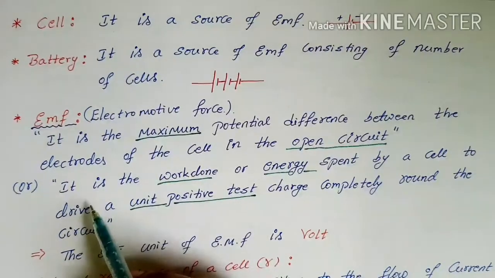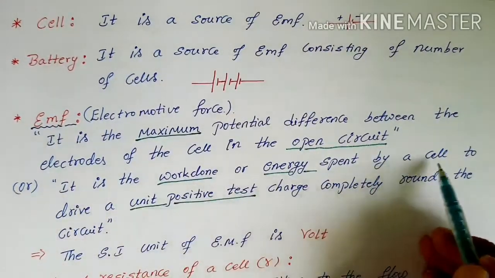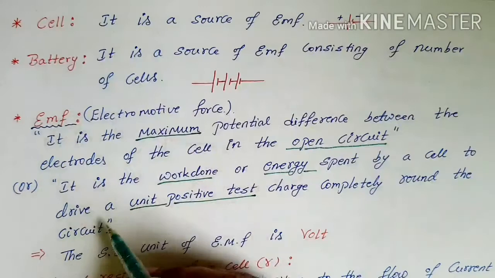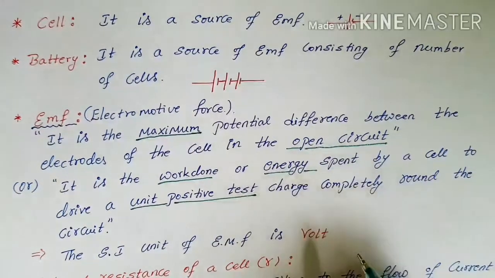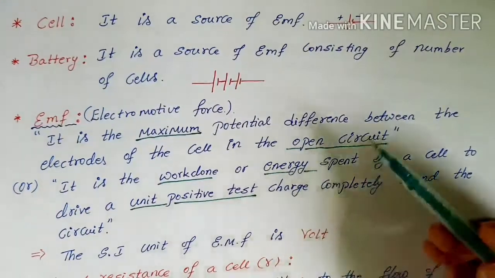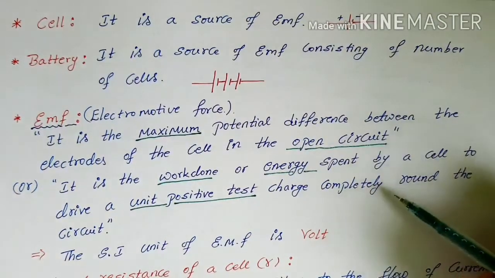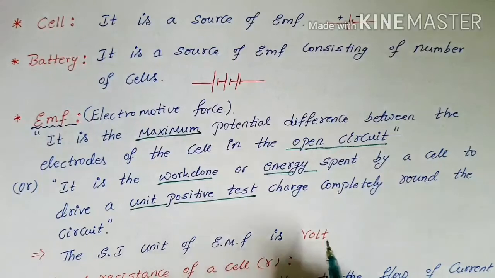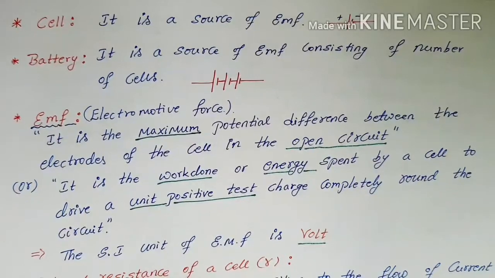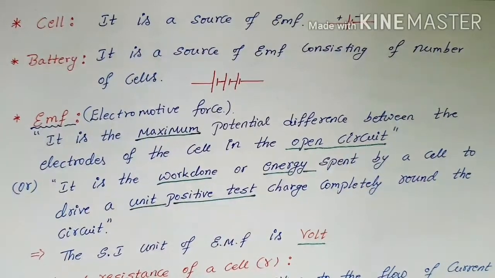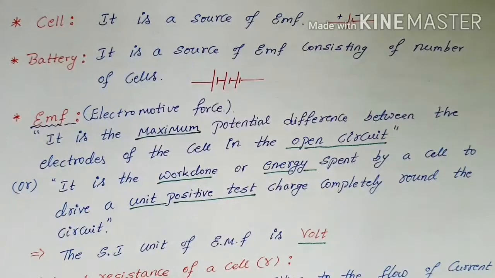Understood? Either you can use this one as a definition or the other one. And the EMF is measured with a unit called volt, which is the same as the SI unit of the potential difference. So potential difference and the EMF both have the same SI unit, that is volt.